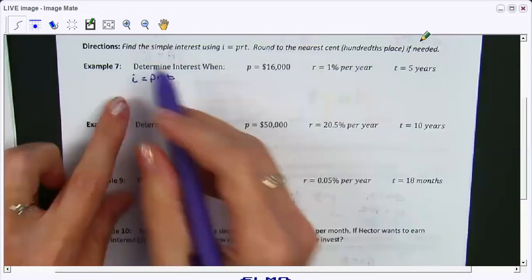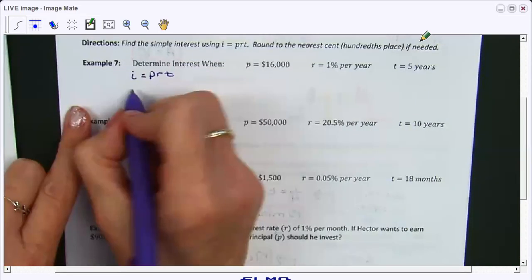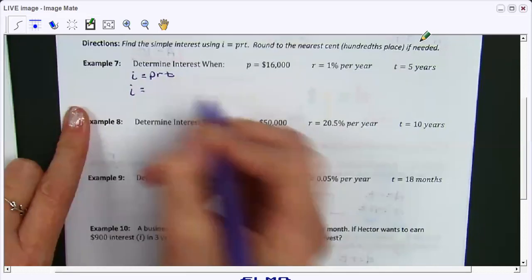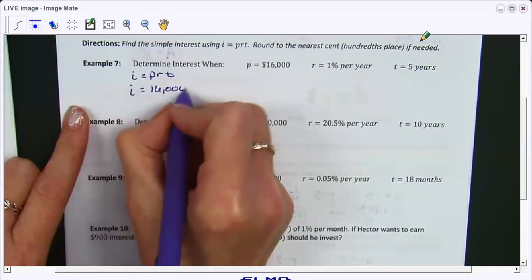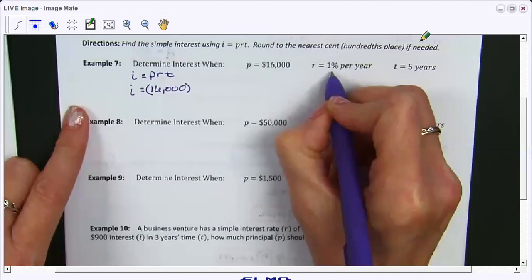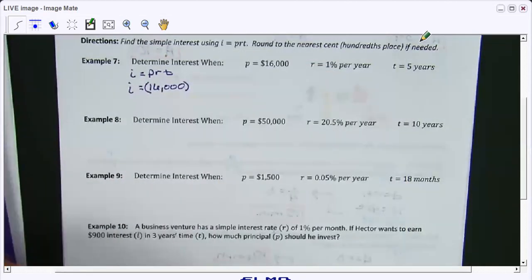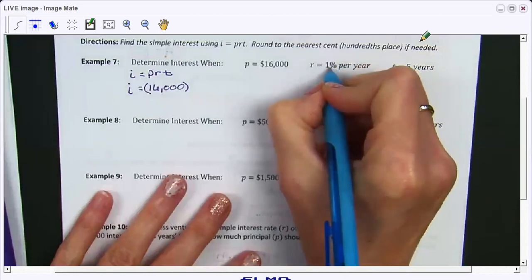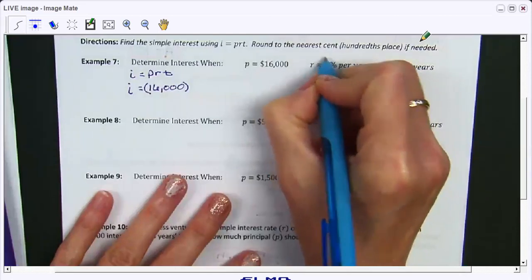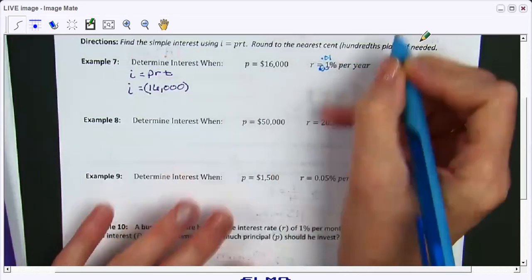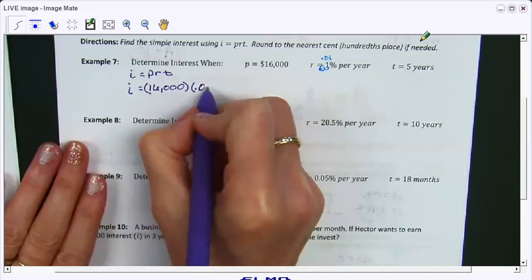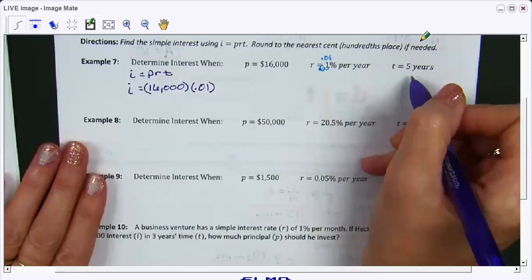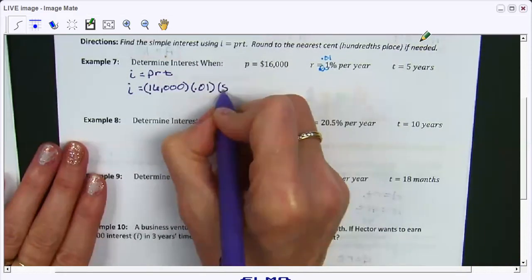Okay, we do not know our interest, so that stays I. Our principal is 16,000. Remember, our rate has to be in decimal form, so we move the decimal over twice and it becomes 0.01. So when I plug it into my equation, I plug it in as 0.01, and then I multiply that by the time.